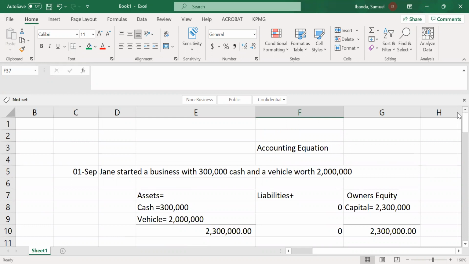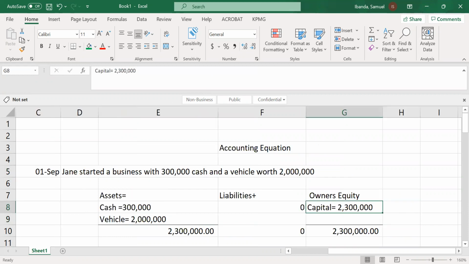I want to start with the first transaction, where Jane started a business with 300,000 cash and a vehicle worth 2 million.